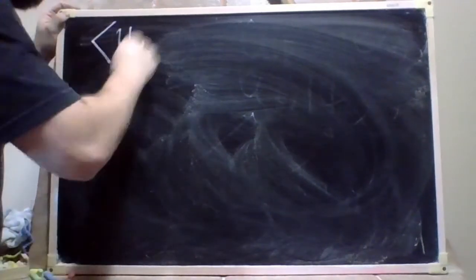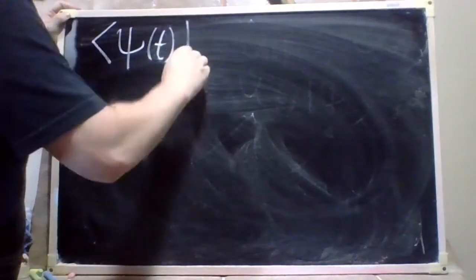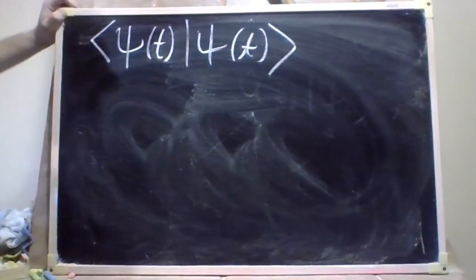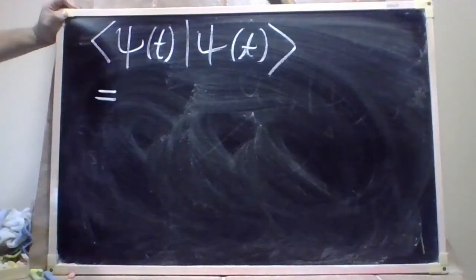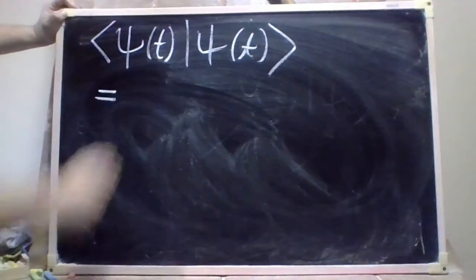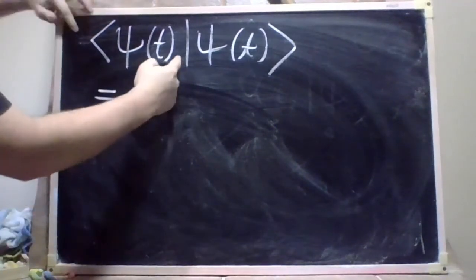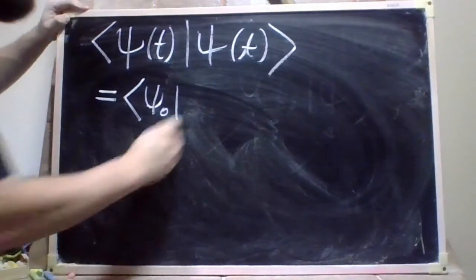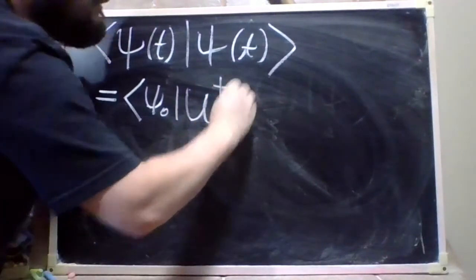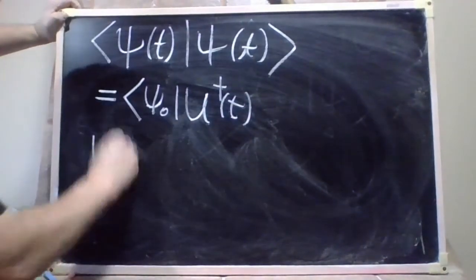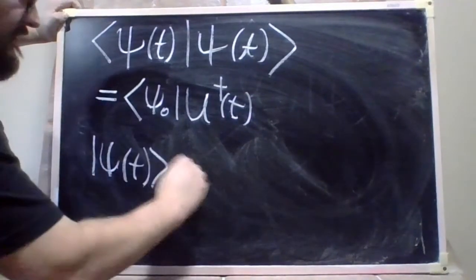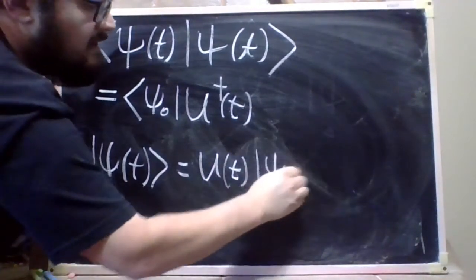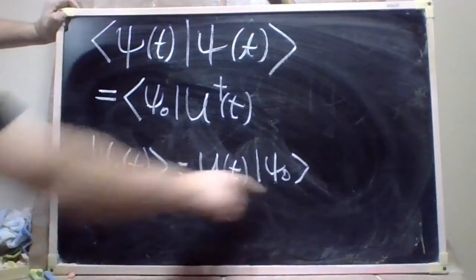All right, so psi of t projected onto psi of a given instant of time t must be equal to, now I can plug in here the initial state, the bra state, the initial bra and u dagger of time t. So remember that psi of t is equal to the evolution operator operating on the initial ket state in Hilbert space.